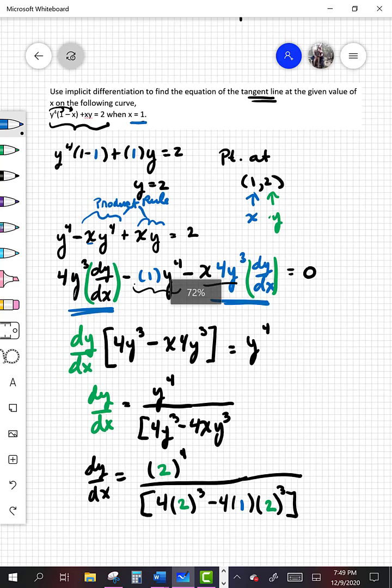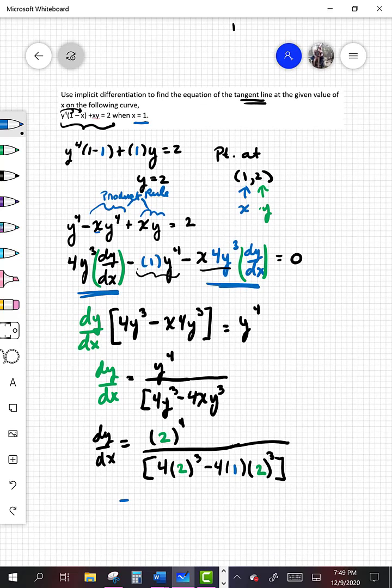So let's simplify. 2 to the 4th gives us back 16. All over 2 cubed is 8. 8 times this 4 is 32. Minus, so 2 cubed here is 8. 8 times 4 is 32.